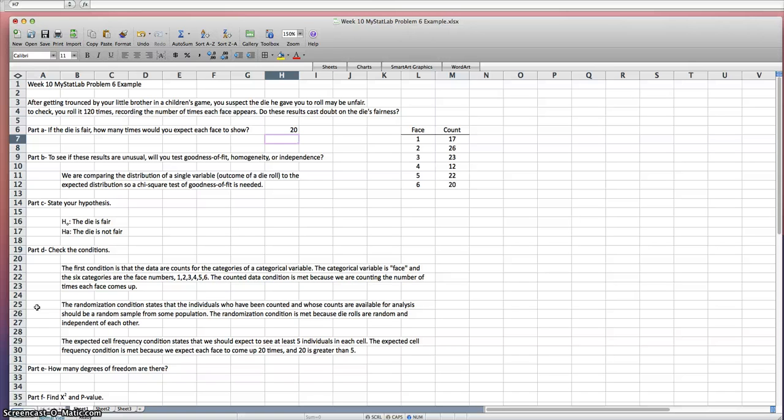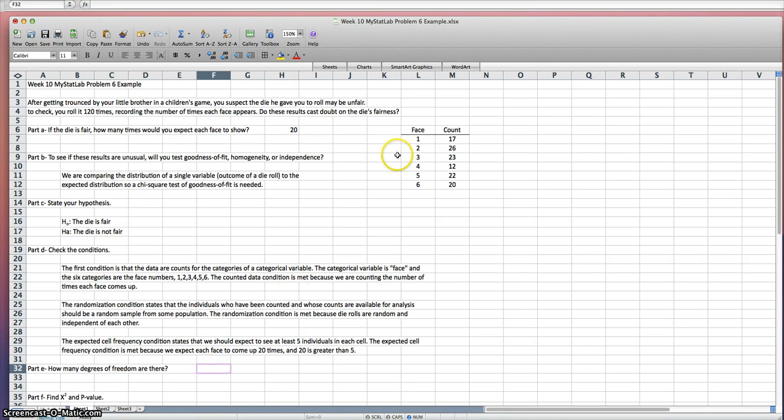And then the third, the expected cell frequency condition, states that we should expect to see at least 5 individuals in each cell. It is met because we expect to come up with 20 for each one, and 20 is greater than 5. So all of our conditions are met. The next part, part E, asks us, how many degrees of freedom are there?